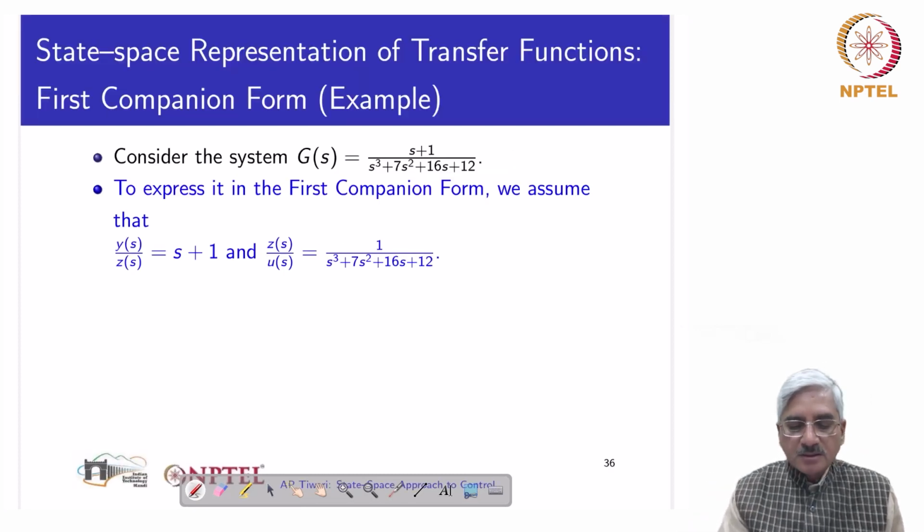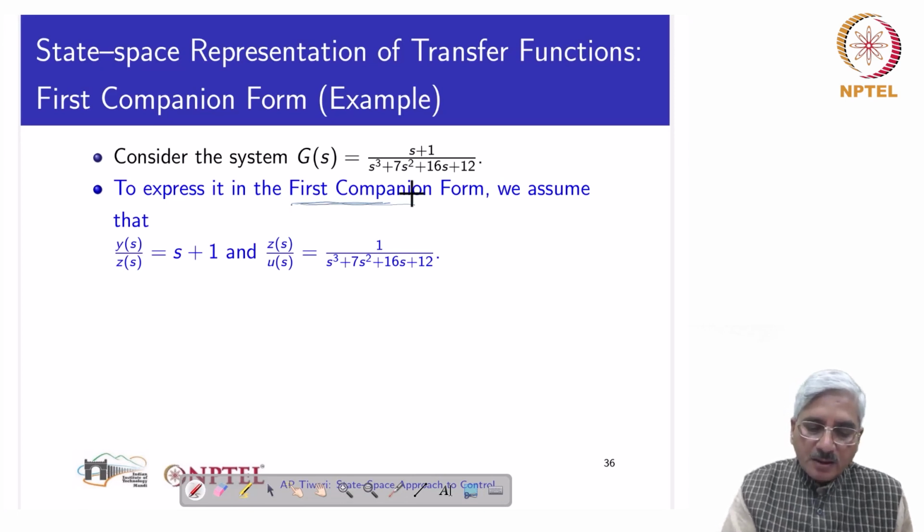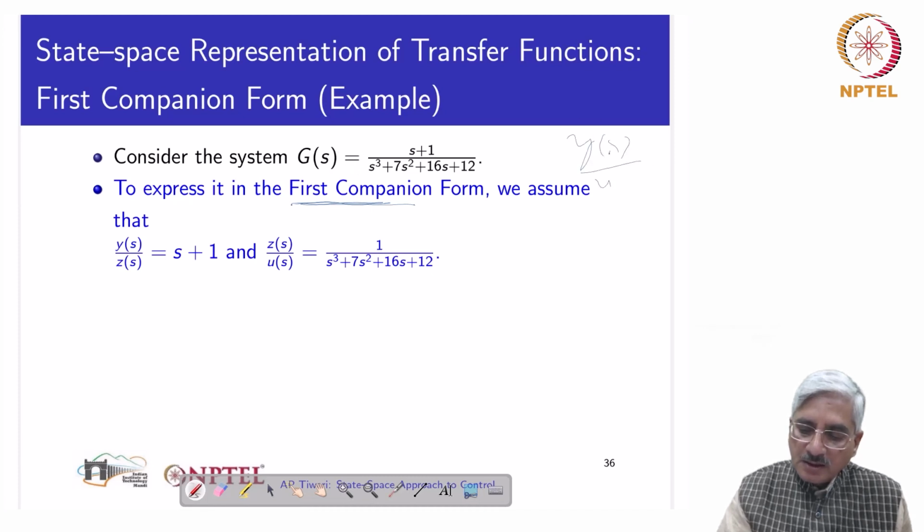So what we do is we will obtain the first companion form, and for this we represent this G(s) as Y(s) by U(s). Of course G(s) is Y(s) by U(s), and that is represented as Y(s) by Z(s) into Z(s) by U(s).